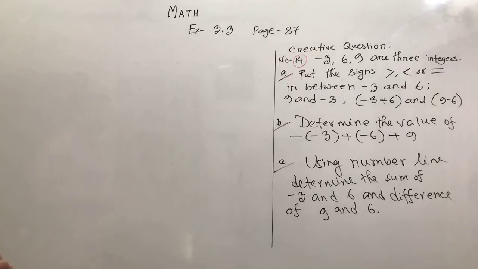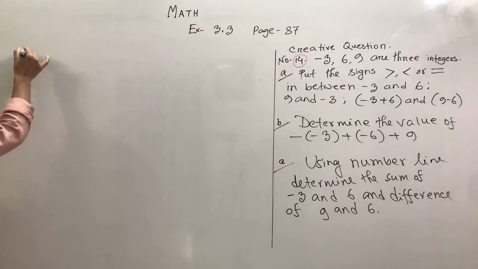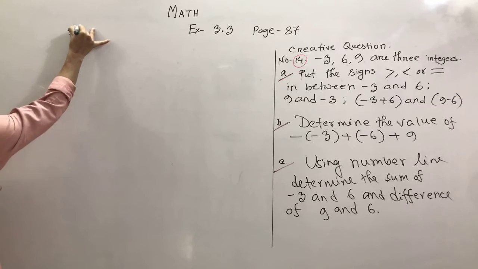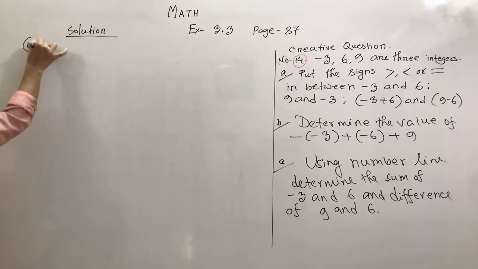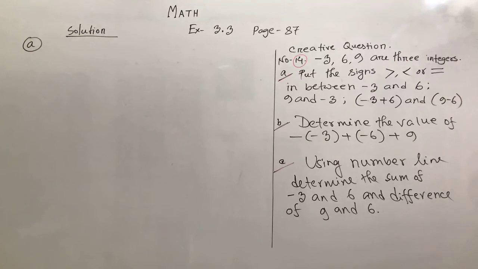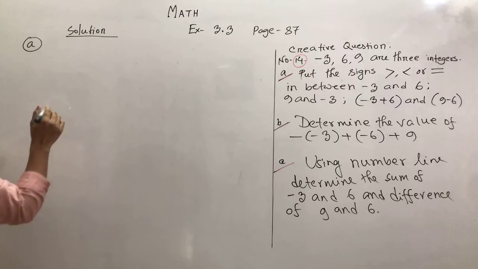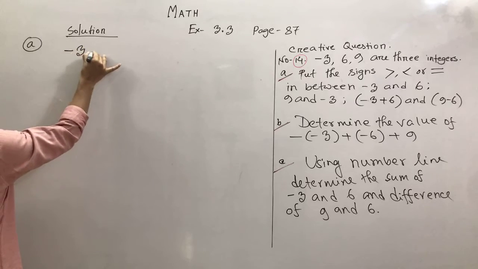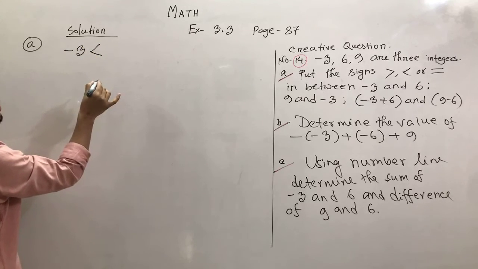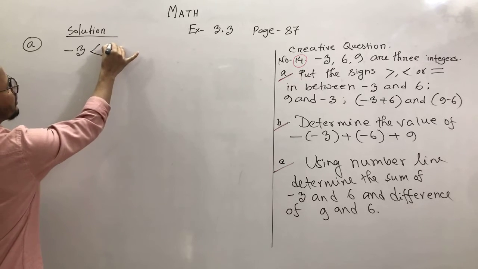The question number A, first we can answer. This is the solution. In between, if we add here the number line, -3 is smaller than 6.